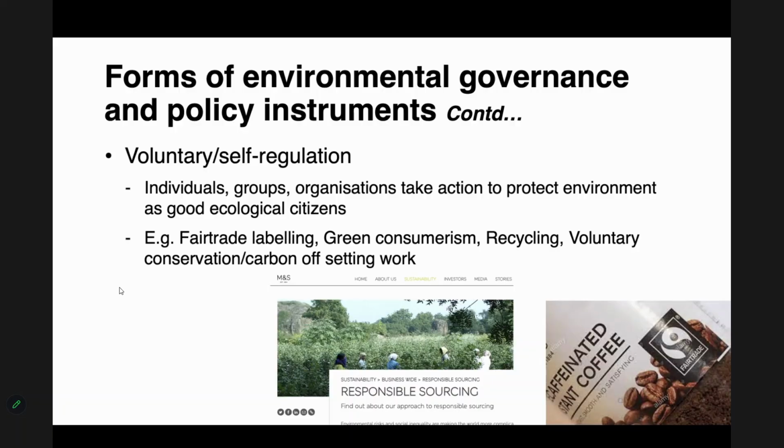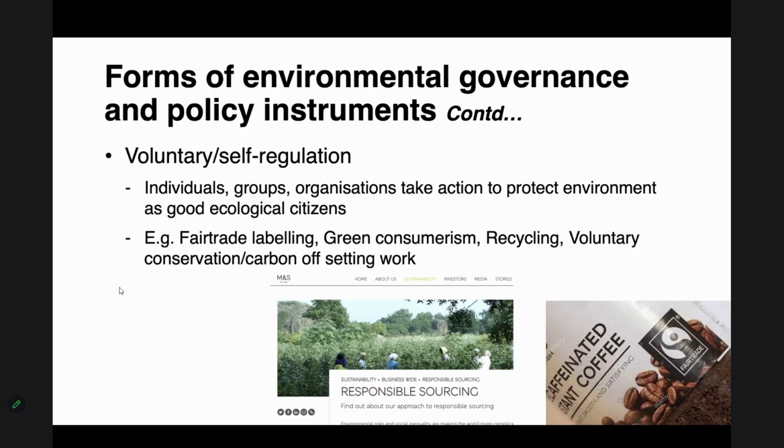Say in coffee trading, people use this fair trade labeling to ensure that it's coming from proper sources, that the farmers are paid properly, they are not being exploited.